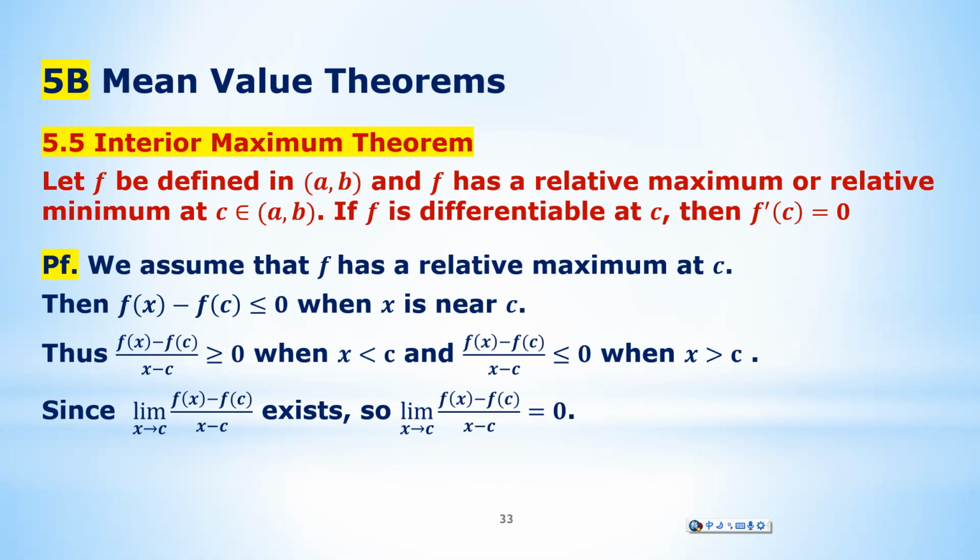This limit has to be equal to 0, because when you approach c from the left side, the limit has to be non-negative, but if you approach c from the right side, the limit has to be non-positive. So the only way for both limits to exist is for it to be exactly equal to 0. That's the result.